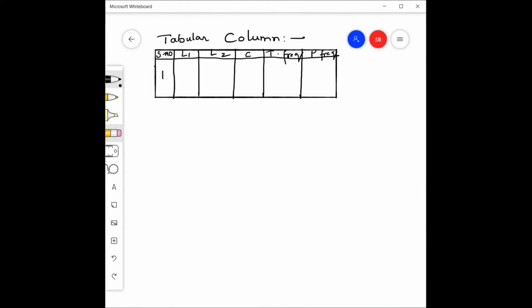For L1 and L2 values of 4 millihenry, 4 millihenry, and capacitance of 0.033 microfarads, by substituting this you get 9.7 kilohertz. Now we should get the practical frequency from the hardware part.